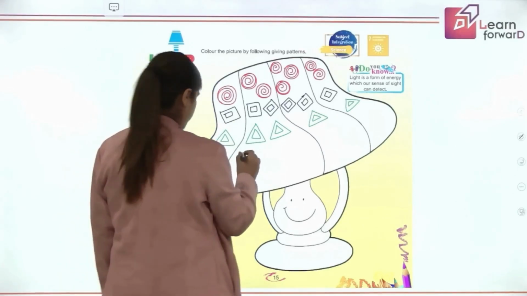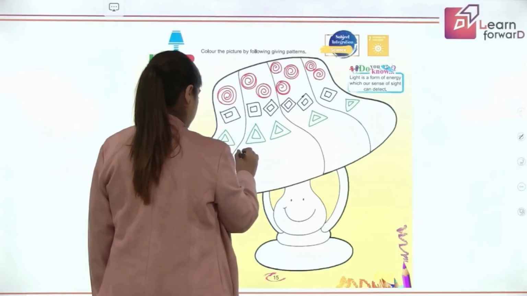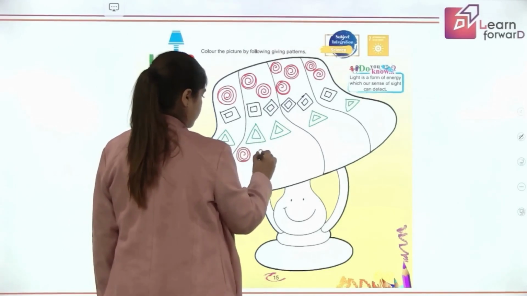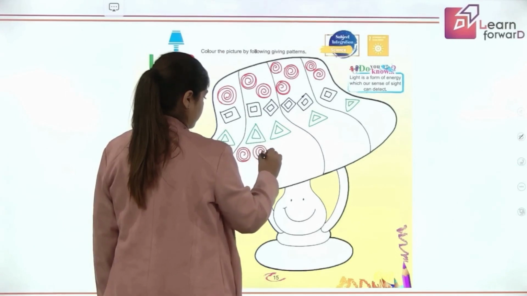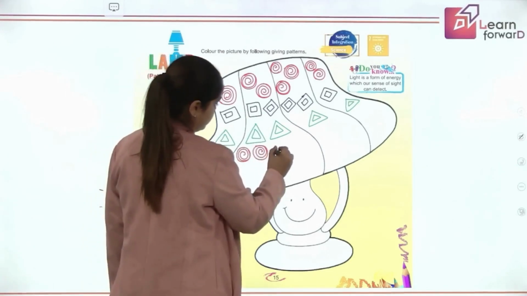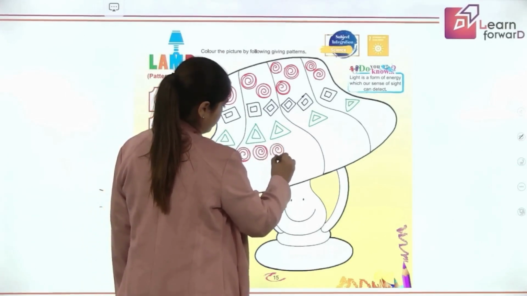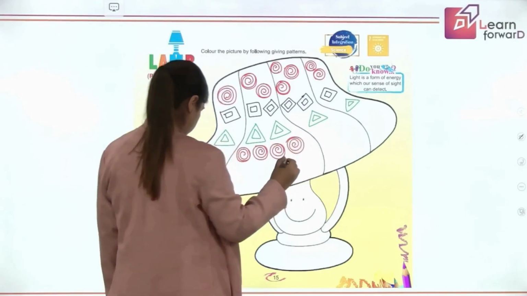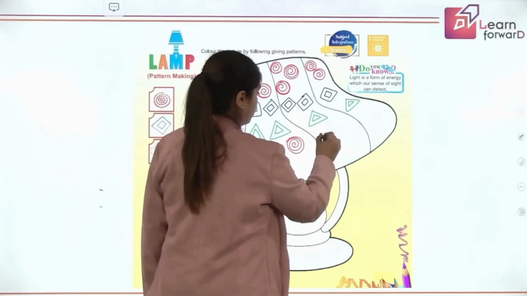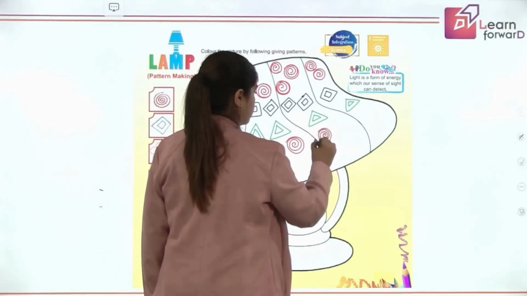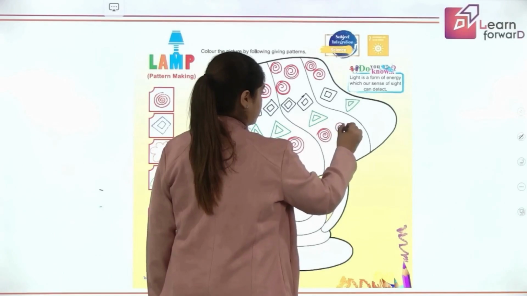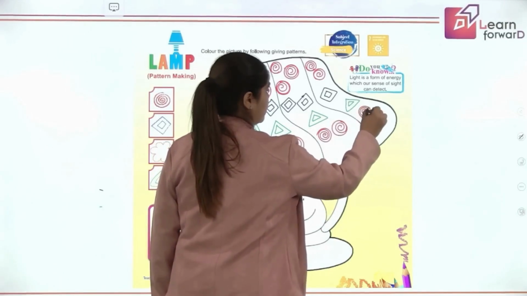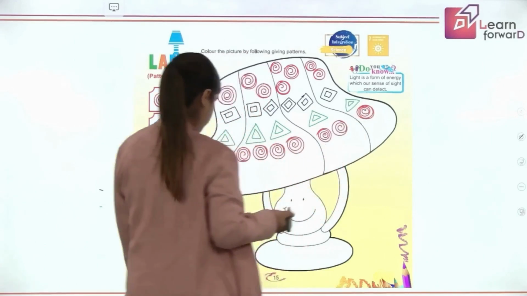My red motifs, we are repeating them again. Four, 5, 6, 7, 8.